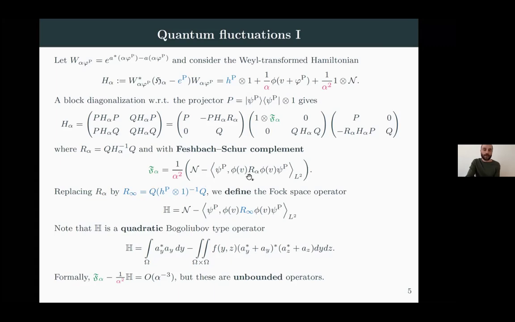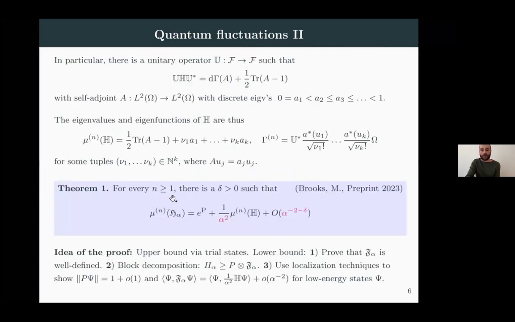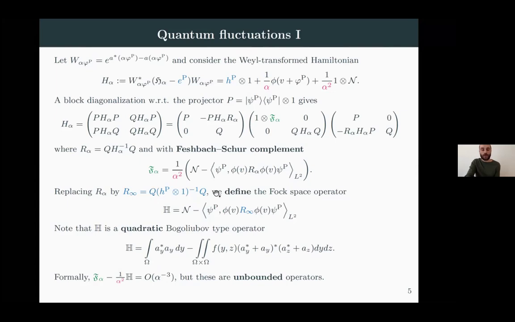However, if we replace this inverse of the full Hamiltonian by the inverse of the unperturbed part only, again when restricted to the Q subspace, then we obtain a much simpler Fock space operator that I denote here by script H. And in fact, this operator H is now a quadratic Bogoliubov type operator, and by that I mean that it's quadratic in creation and annihilation operators as written here, with a kernel function f that one can explicitly determine from the previous definition here.